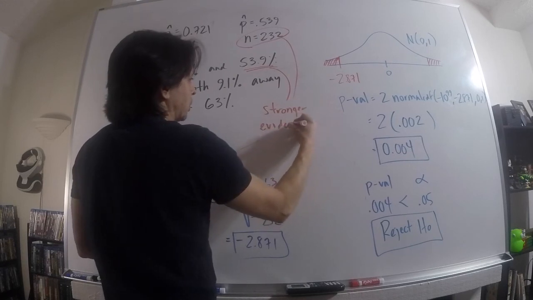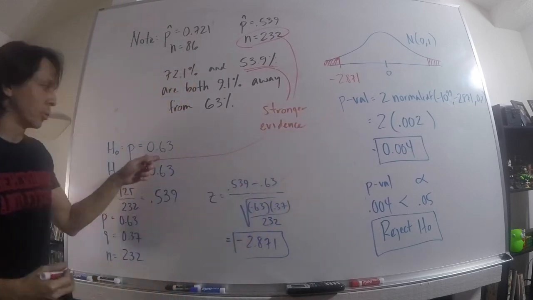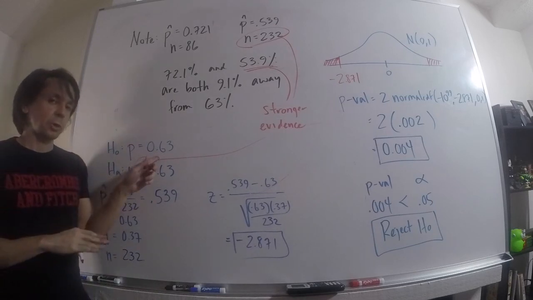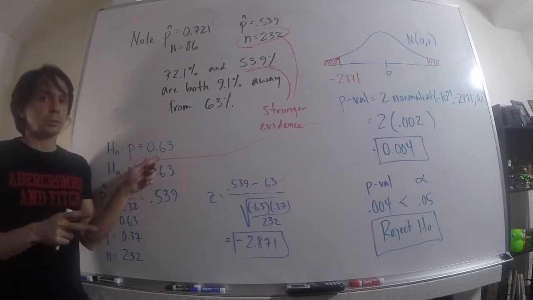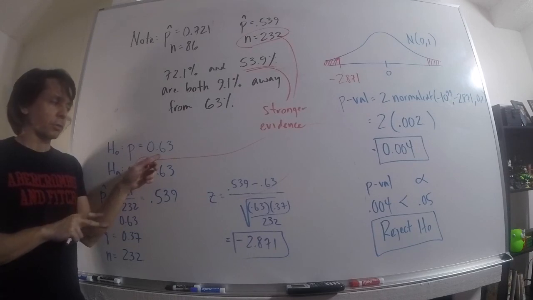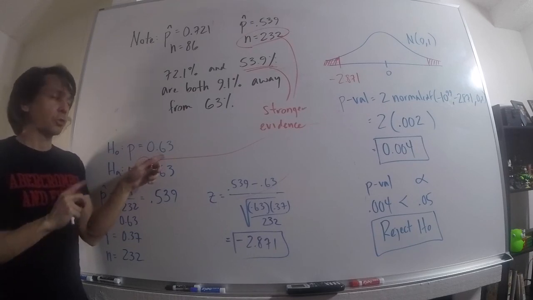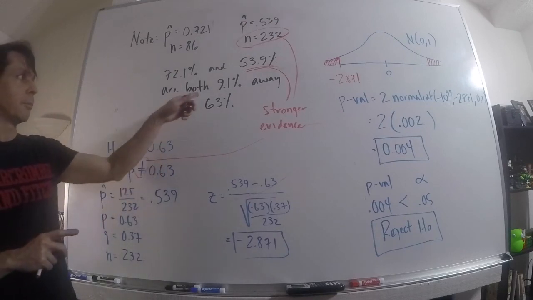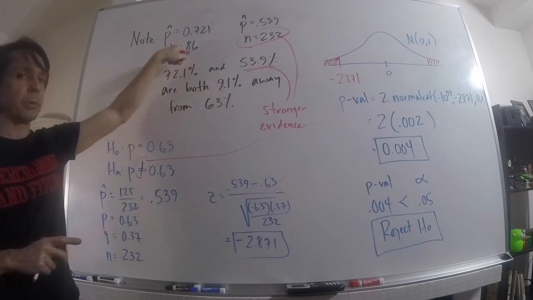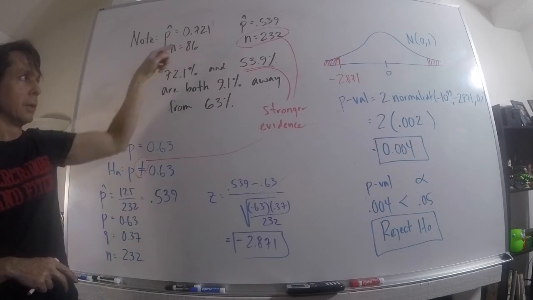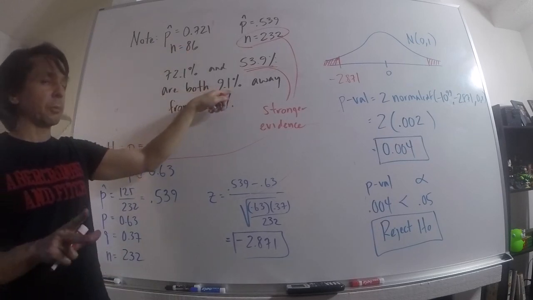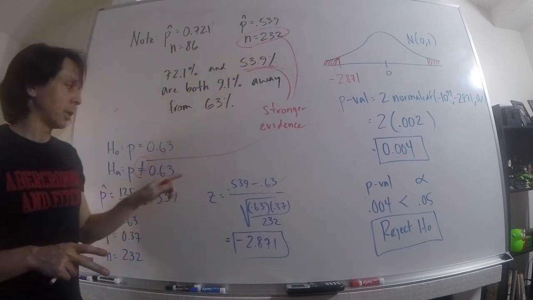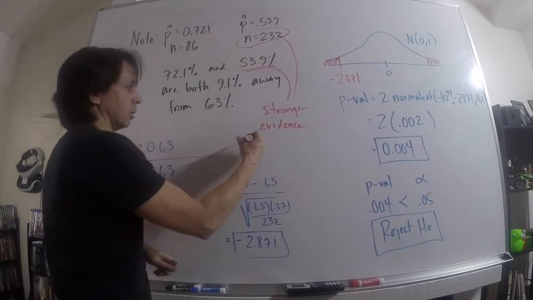because as you increase the sample size, if this is true, and this percent is still 63, you increase the sample. We talked about this in chapter 7, but it's related to this as well. If you increase the sample size, it should be closer to 63. It shouldn't be too far off. So when you're 9.1% away and you only sampled 86, it's not bad. But when you're 9.1% away, the same percentage, but you sampled a bigger sample size, that's stronger evidence.